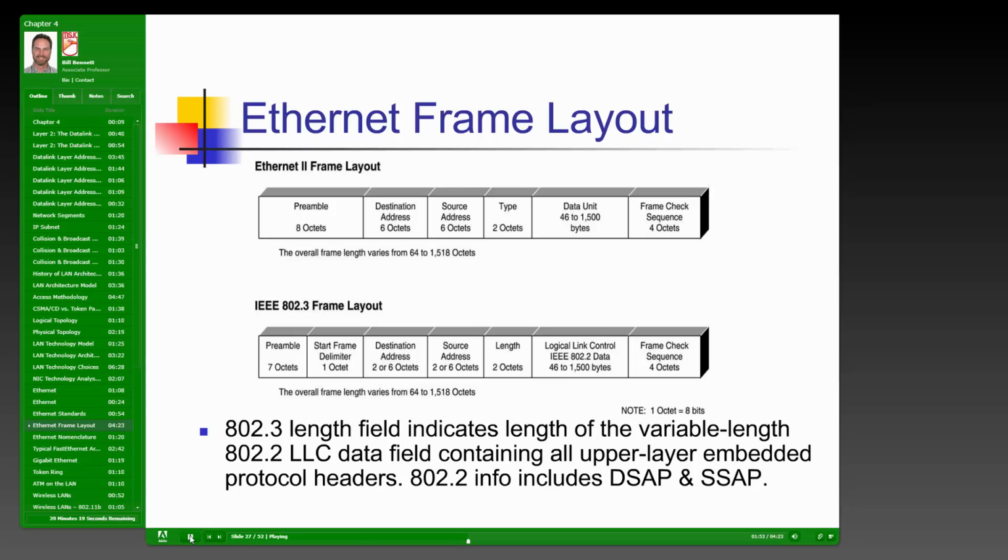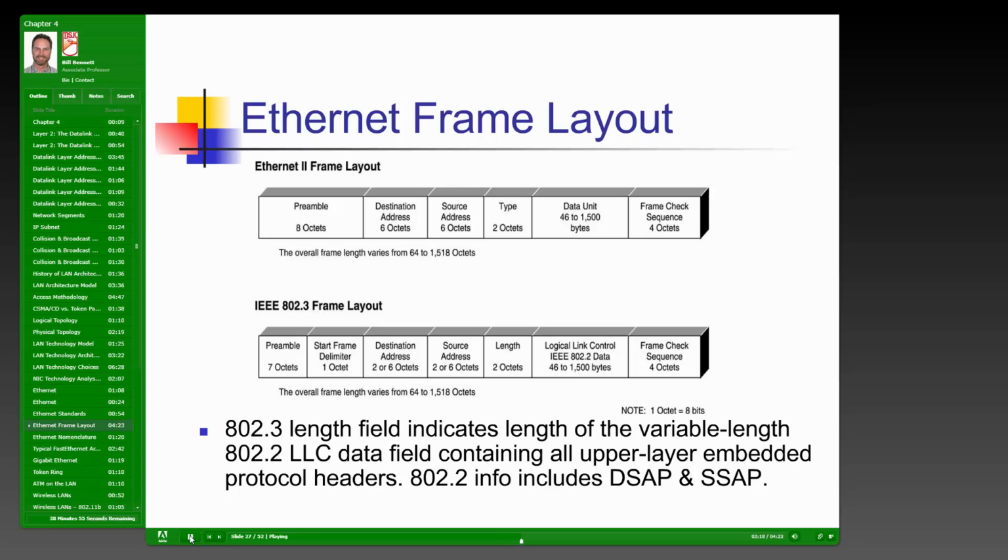It still has 8 octets essentially at the beginning for the preamble. They just slightly reorganized it. They reduced the preamble to 7 octets and then had an actual remaining byte there. The last 8th octet, or the last byte, is to give that signal to the network interface card that the frame is about to begin.